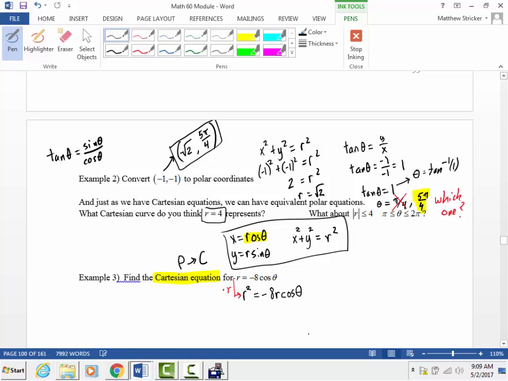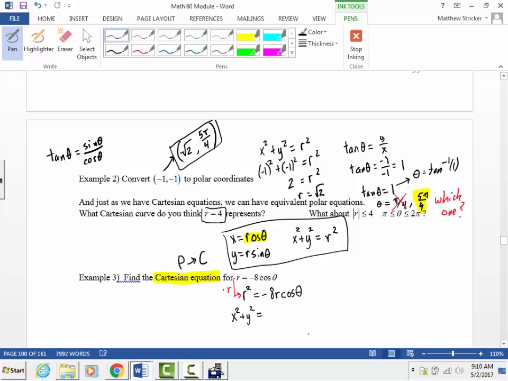Okay. So now, look, that actually helped us on the left side too, didn't it? Because the left side now looks like r squared, and we know that r squared is equal to x squared plus y squared.